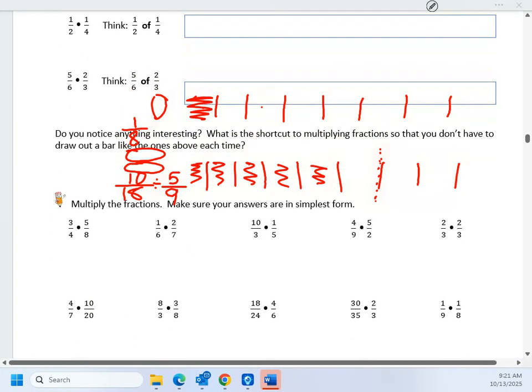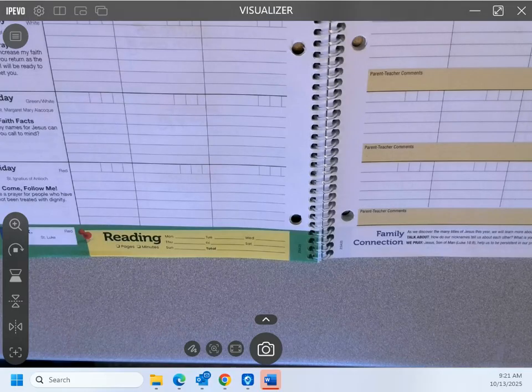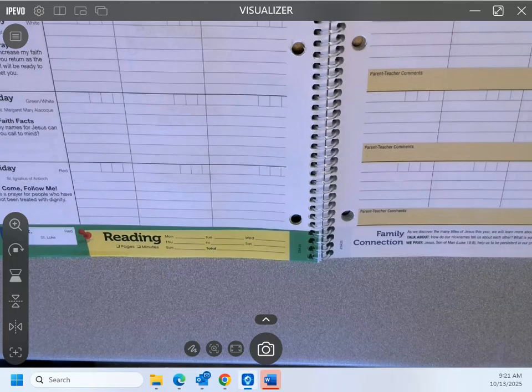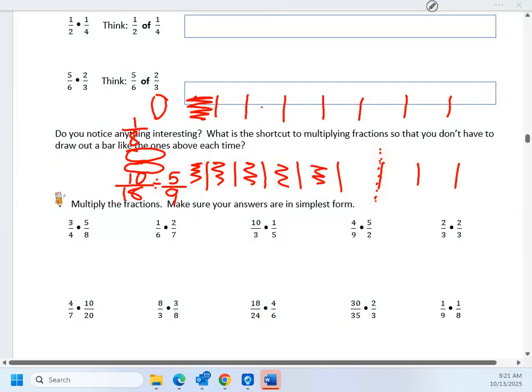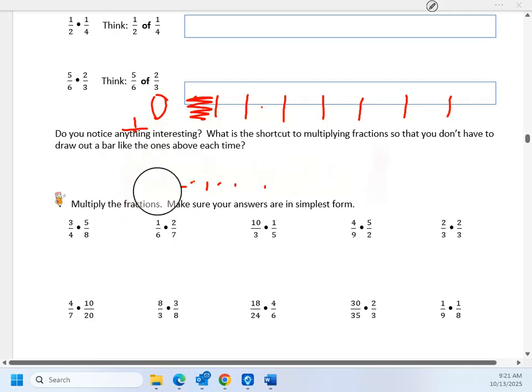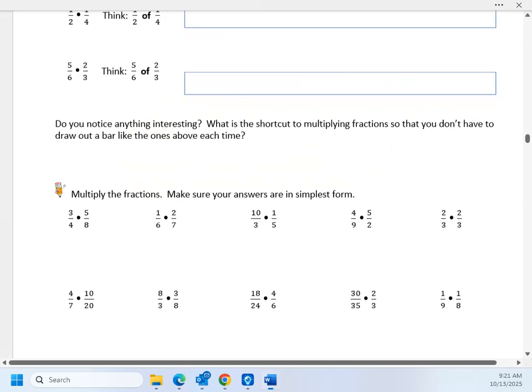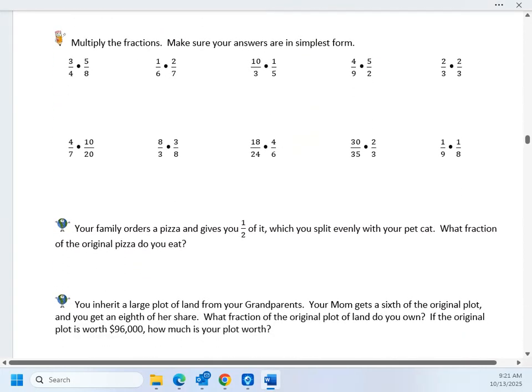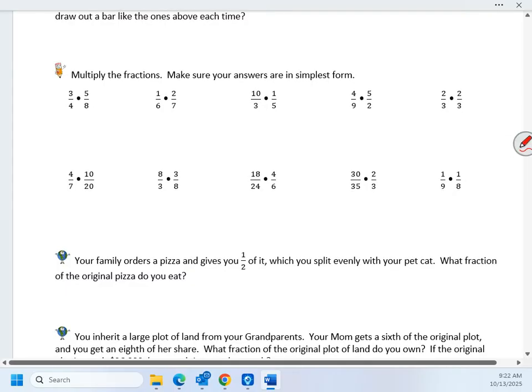So is there a shortcut? A shortcut to this so we don't have to do it visually with the bars. We can just do that multiplying across that I just showed us. So we multiply straight across.